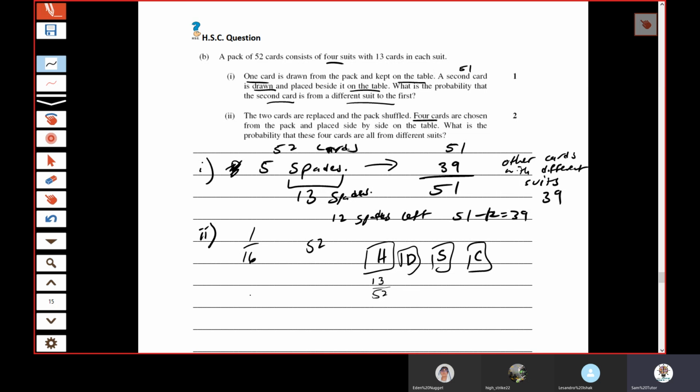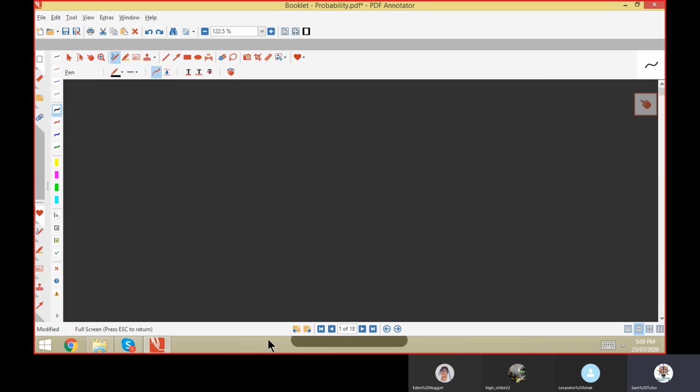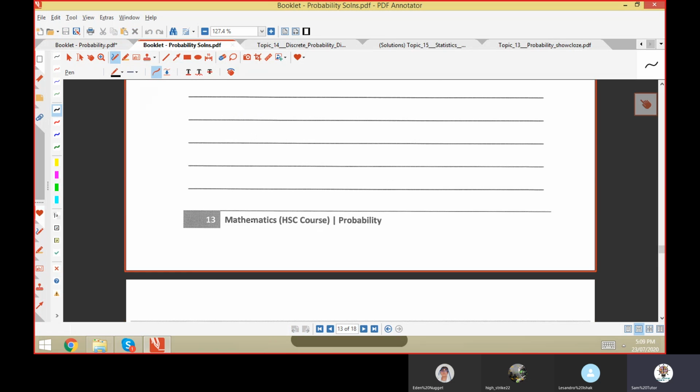Maybe. I think so. Because to get a heart, it's 13 hearts out of 52, and then 13. So 1 out of 4 to the power of 4. But that sounds weird to me.